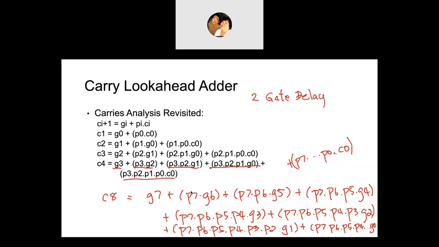What else do we have to add into the gate delay? How can we get the G terms? We just need the AND gate, right? So it's one gate delay for the AND gate. One gate delay.